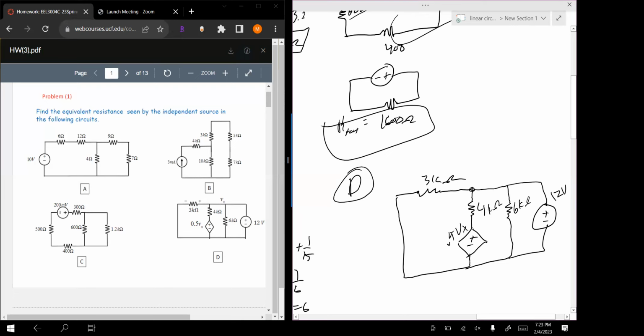And VX is that polarity. What the hell is VX? It just says VX like right here.